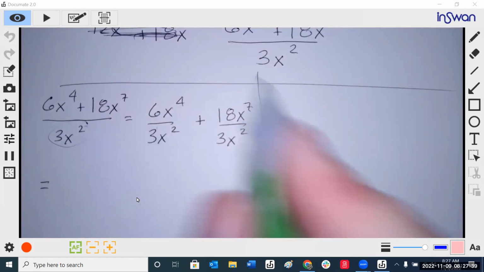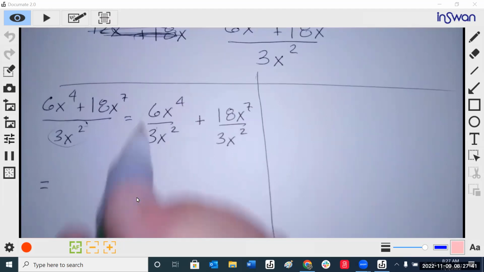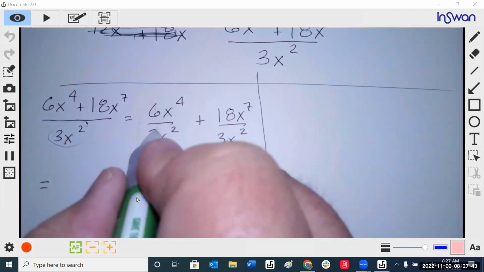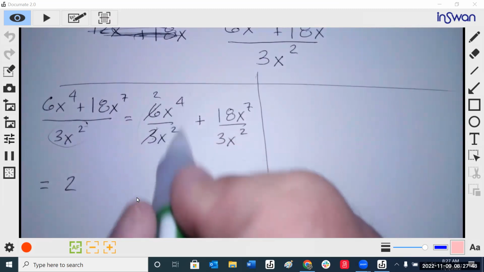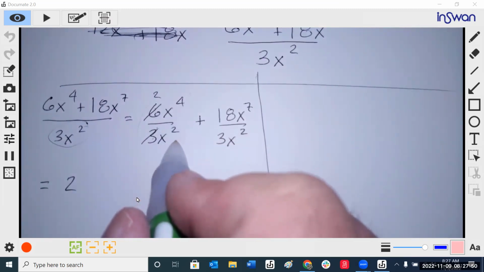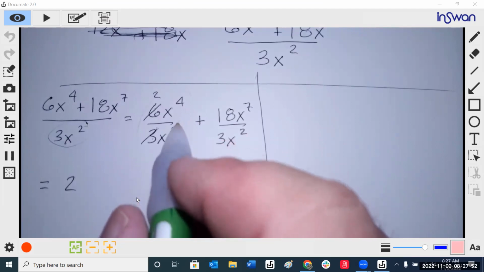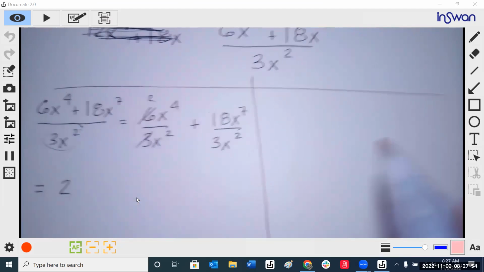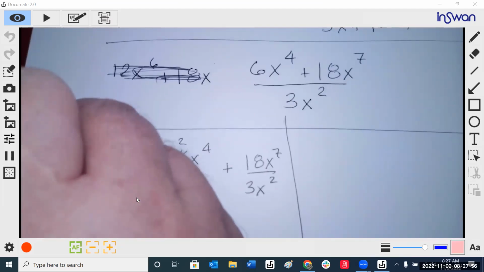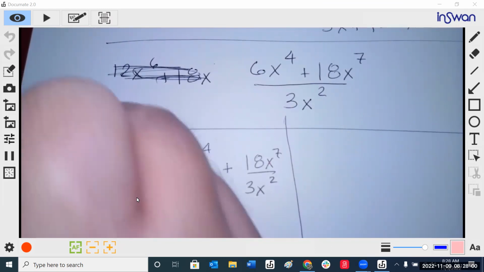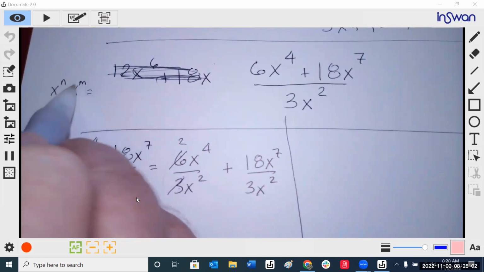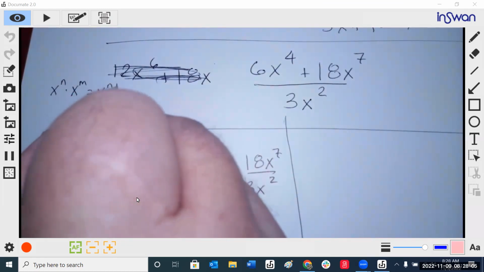So from there, we work each of these separately. 6 divided by 3, 2. You have 4 x's on top and 2 on the bottom. What happens there? Remember the rule. If I'm multiplying them together, you add the exponents there.